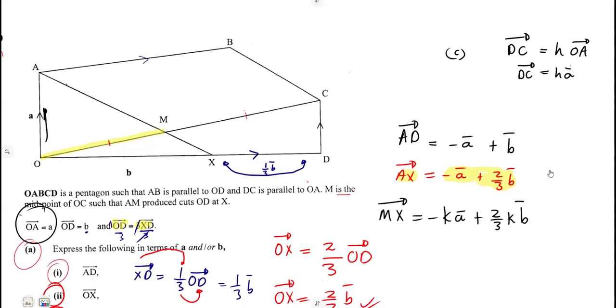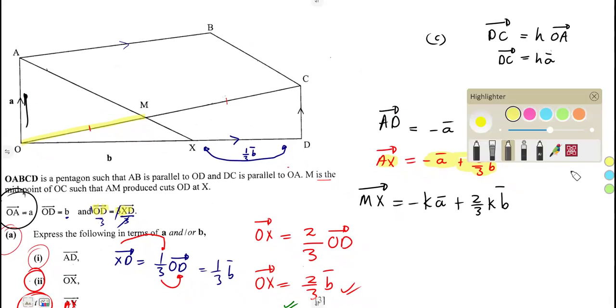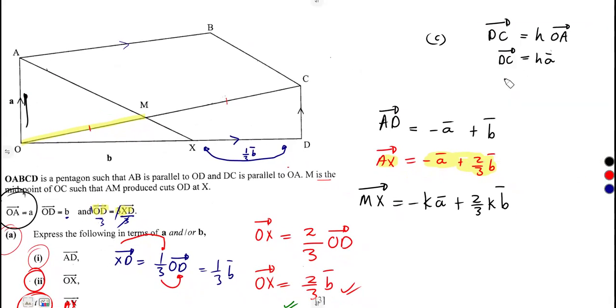How are we going to obtain that one? All right, let's find out from what we have. To find vector OM, we have got this part. Let's find a route, because we are told that M is the midpoint. Remember, M here is the midpoint, it is halfway, half of OC.